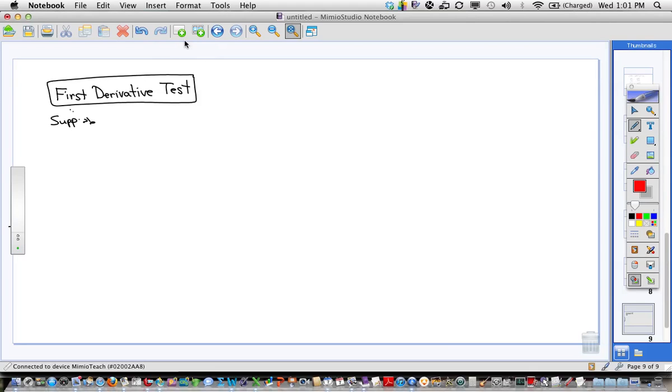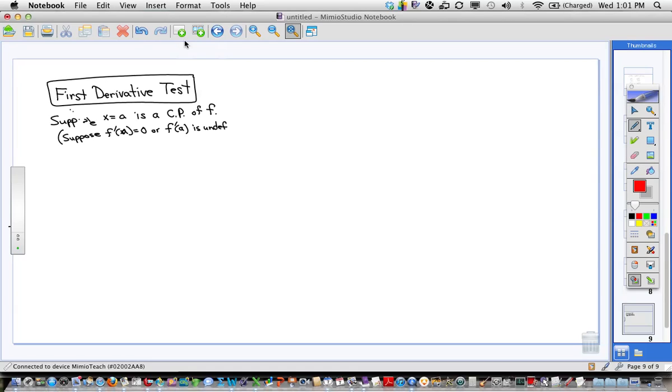Suppose x equals a is a critical point of f. Now, another way of saying that would be, suppose f prime of a equals 0, or f prime of a is undefined.